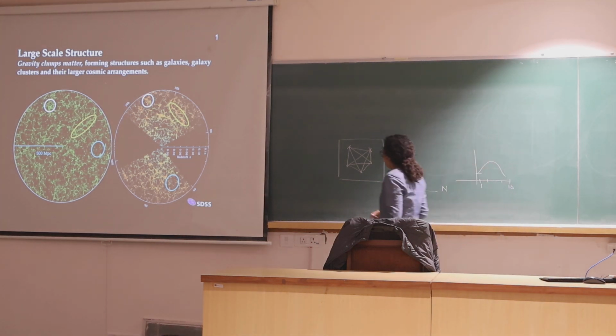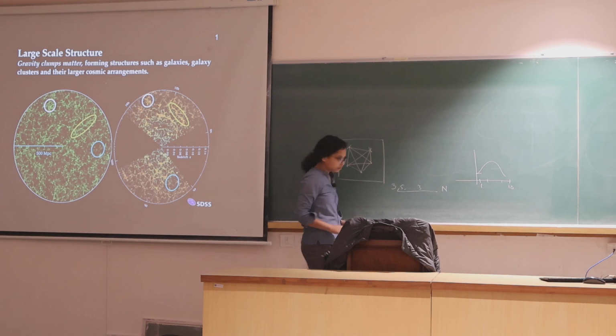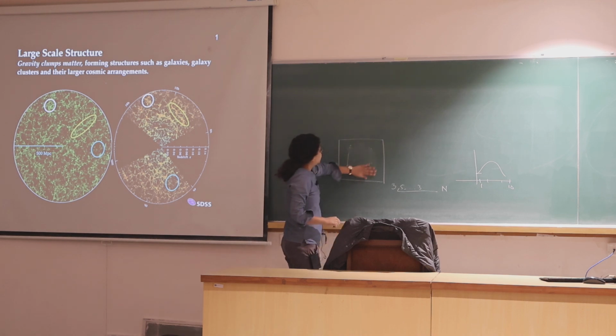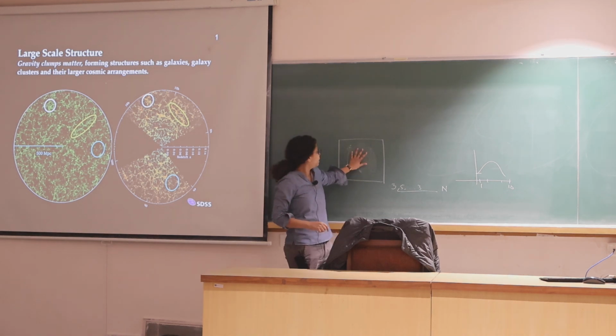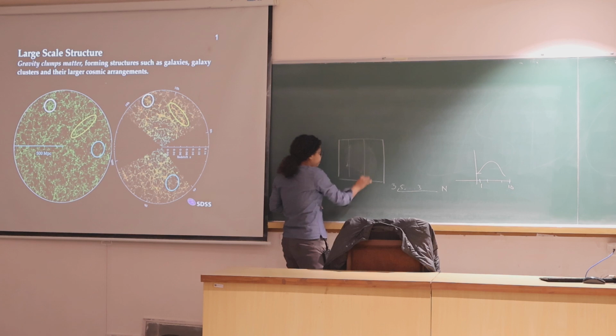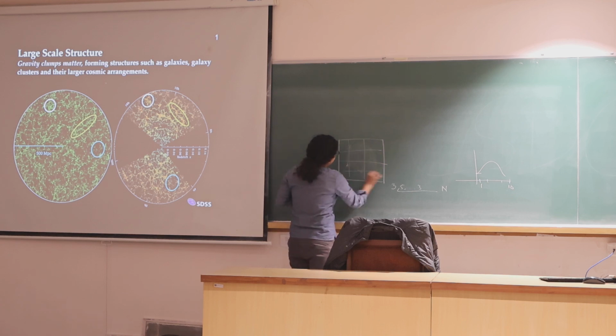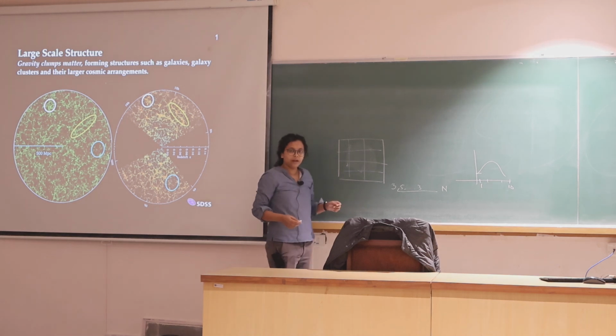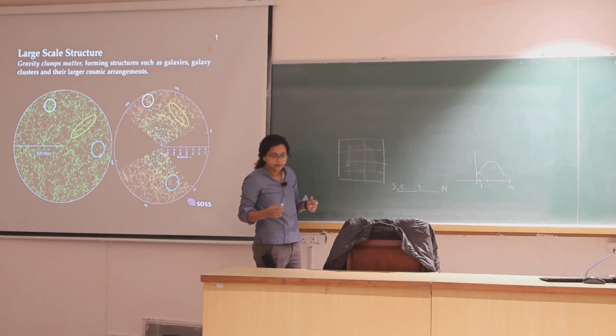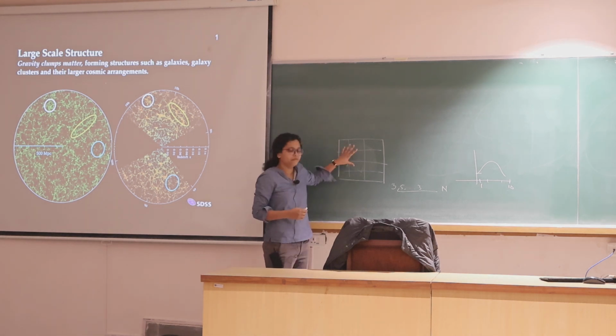Okay. So it's just a pair. Let's say this is some field, and in each box you have some number. So you can form a distribution of it. Let's say the value varies from 0 to 10.